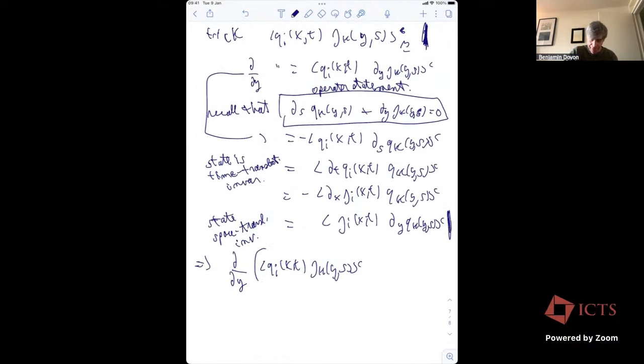So I would say minus j_i(x,t) q_k(y,s) connected is equal to 0.